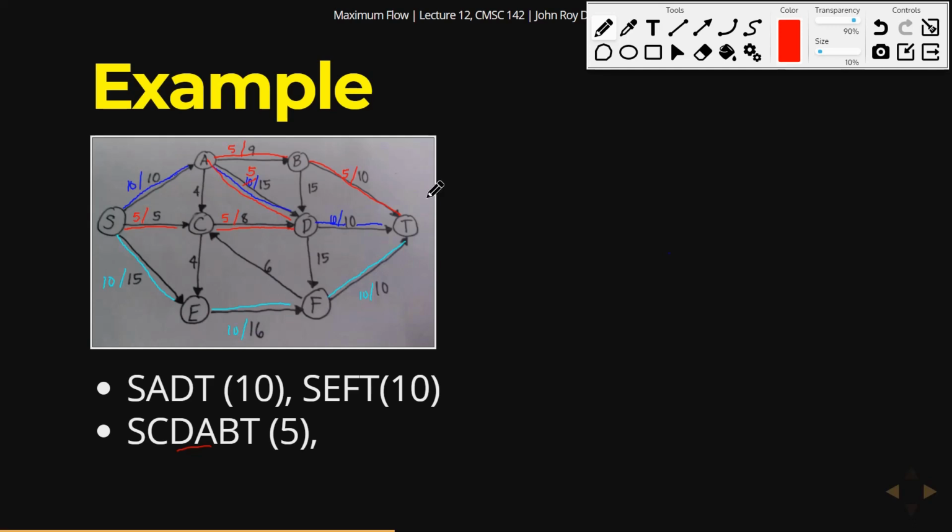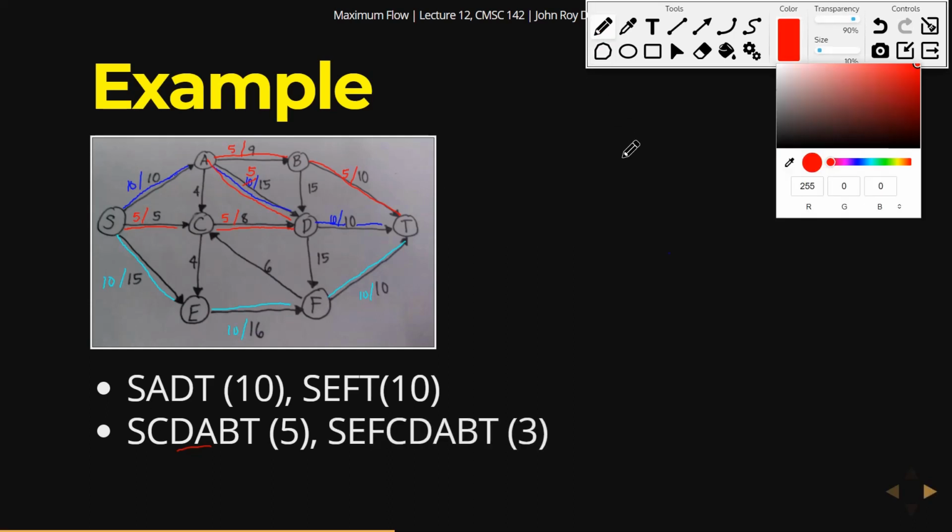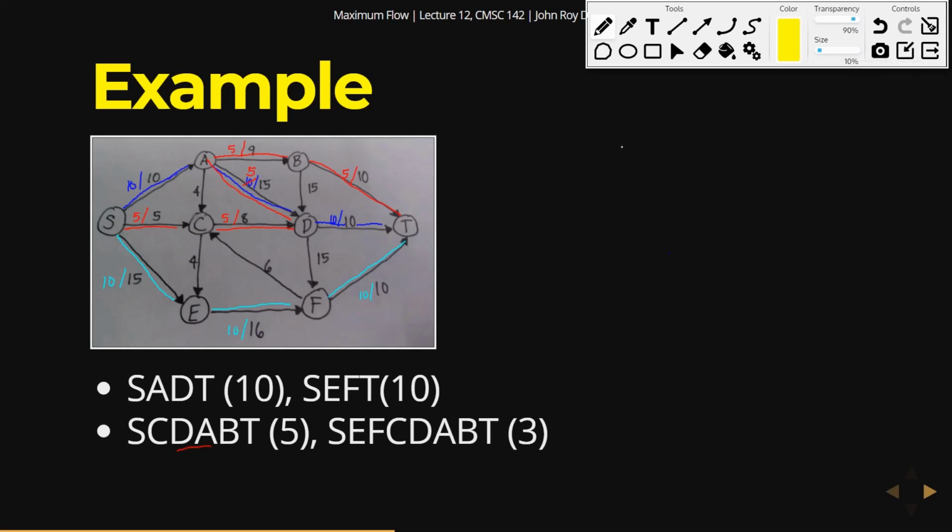And then finally, our last path is SEFCDABT. So it's quite long. So let's go through it slowly. S to E is here. E to F is here. So there's still free capacity left, right?